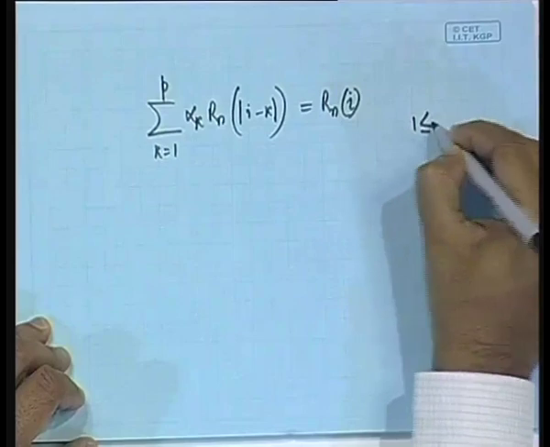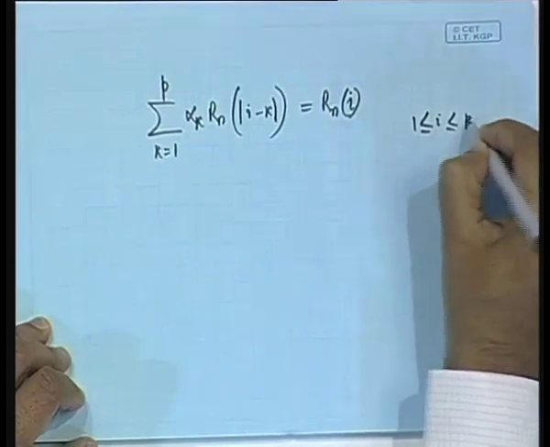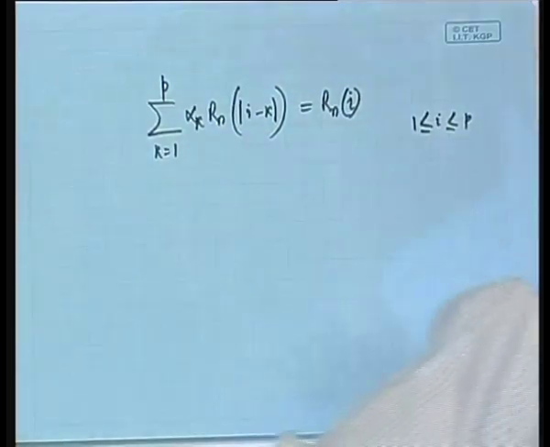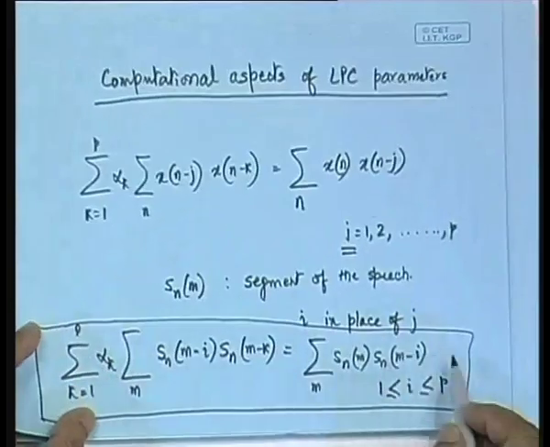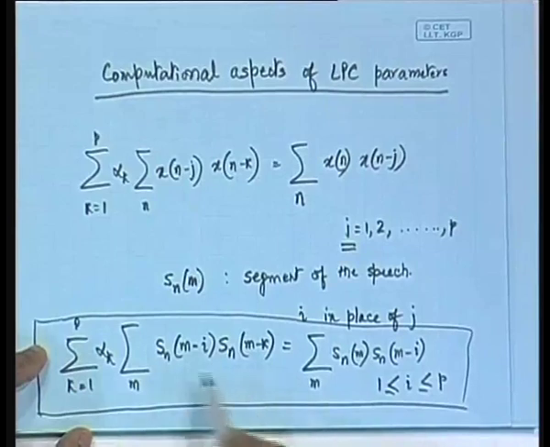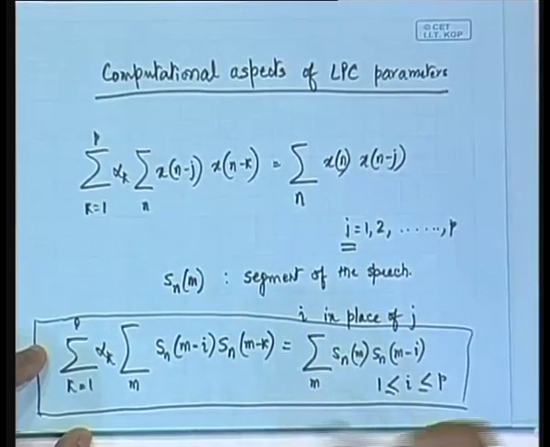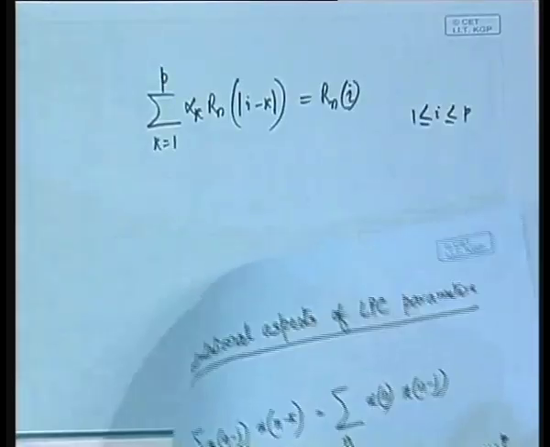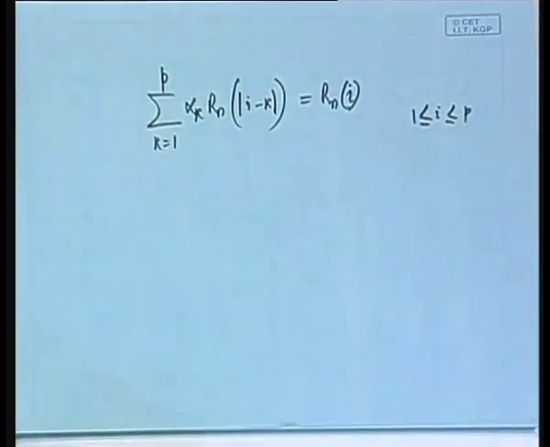So this is for 1 less than or equal to i less than or equal to p, and mind you, this equation is no different from our starting point equation. So we still need to solve for our alpha_k's, okay. The only thing is that the summations we have now written in terms of the short time autocorrelation functions.